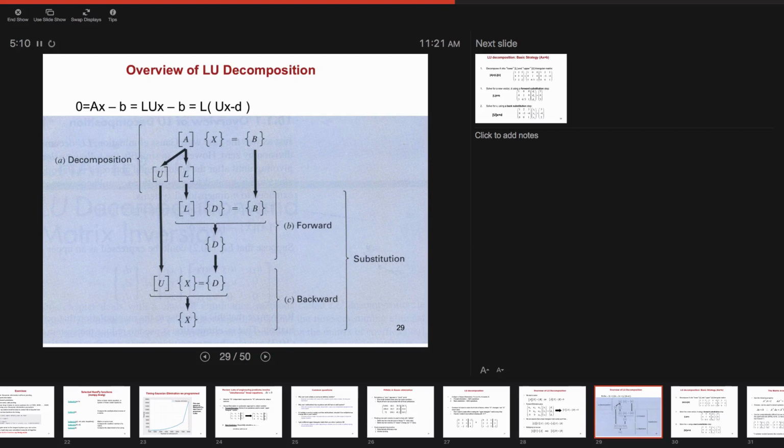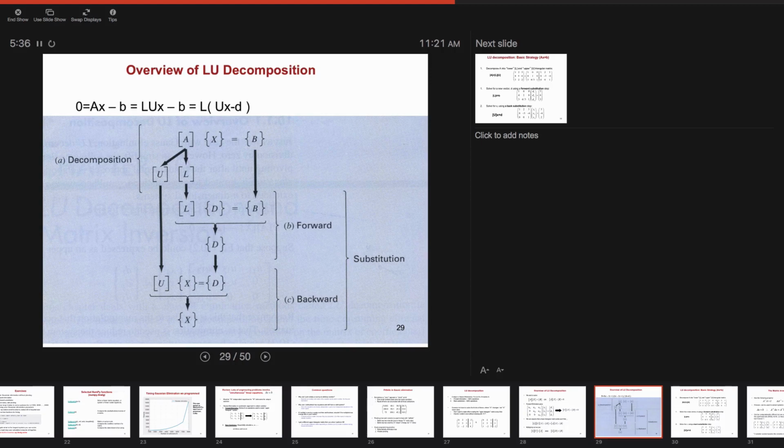First, I set A equal to LU, so I find that. After that, I'm solving LD is equal to B, and I find D that way. And then I'm solving UX is equal to D, and I find X that way, and then I'm done.